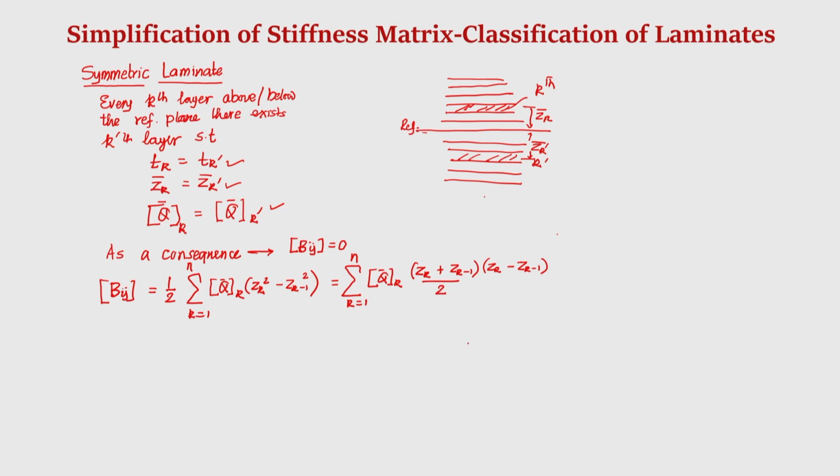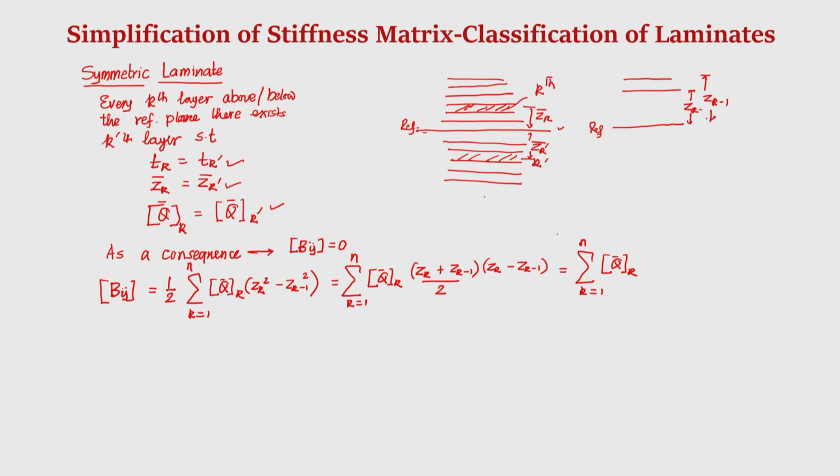Okay. So, this could be now written as sum over k going from 1 to n of q bar k. Okay. What is z k plus z k minus 1 divided by 2? Look at this figure. What is z k? With reference to the mid surface, if this is the kth layer, this is the reference plane, then this is z k and this is z k minus 1.